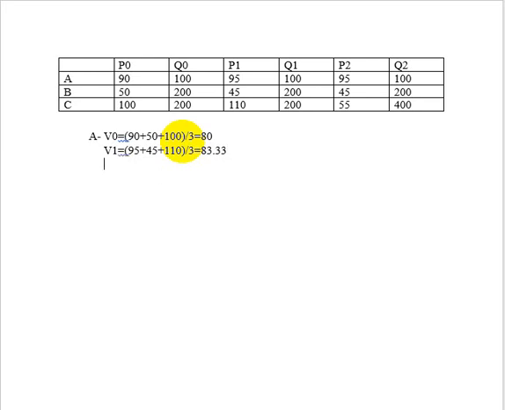Now, the rate of return is V1 over V0, or we can say V1 minus V0 over V0, minus 1.